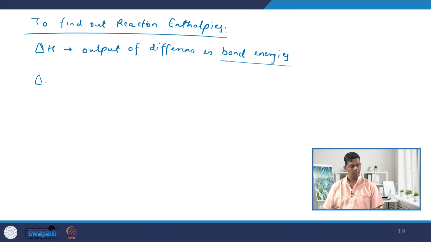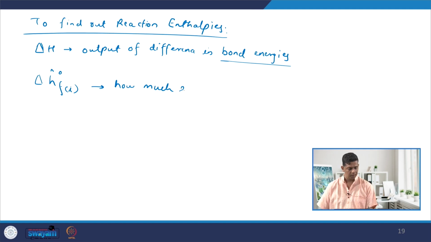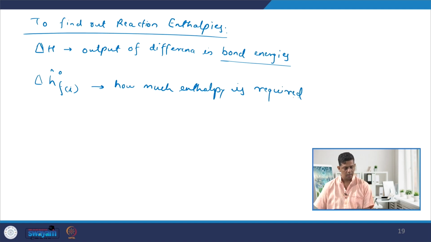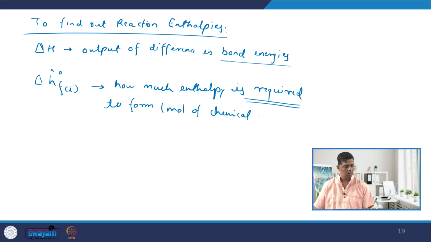So, how do we write enthalpies of the formation? So, delta H of species I, and this is the cap. So, how do we read this? It is basically how much enthalpy is required, you know, this term is important, how much enthalpy is required to form 1 mole of chemical species.